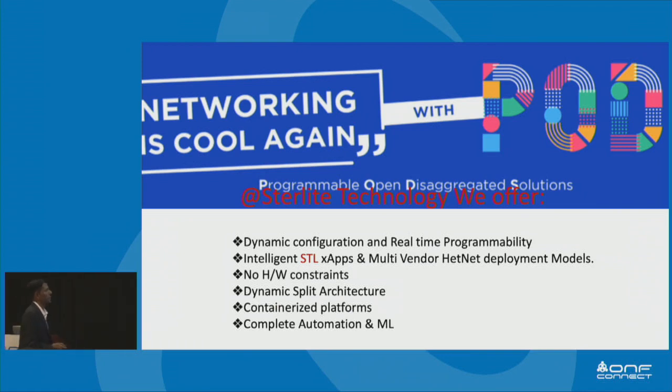When we talk about RAN, it is a 7.2 split architecture. We are building the platform to ensure that containerization and packaging are integral to our platform, and automation and ML are also important for each of our solutions.